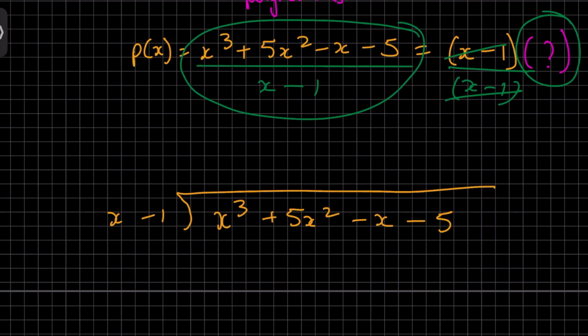Okay, first step of long division with polynomials, we are going to ask ourselves, x times what equals x to the power of 3? By now, intuitively, you should know that x times x to the power of 2 should equal x to the power of 3.